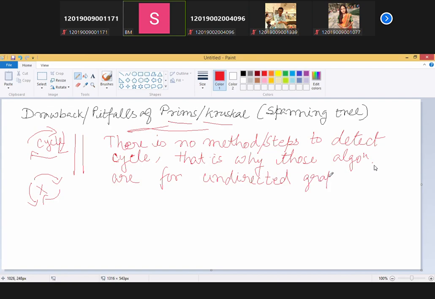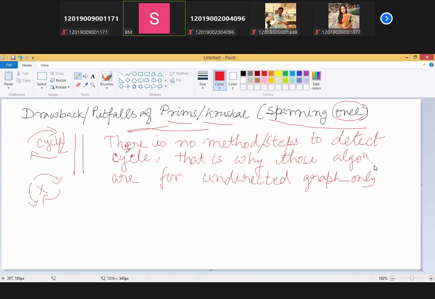So as of now, whatever graph algorithms we have seen, say BFS and DFS, we have used for the unweighted graph. Prim's and Kruskal are for undirected graphs. They find the spanning tree, which means all the vertices will be there, not necessarily all the edges, and it's a tree, so it is not supposed to contain any cycle.